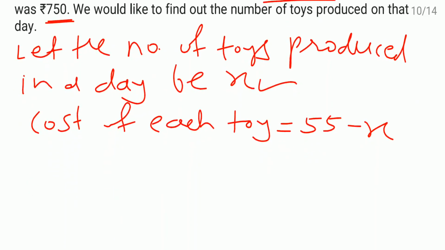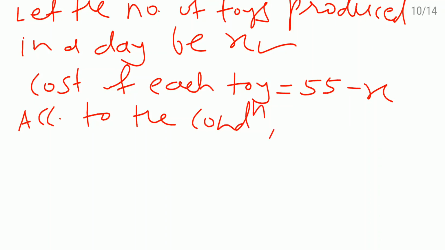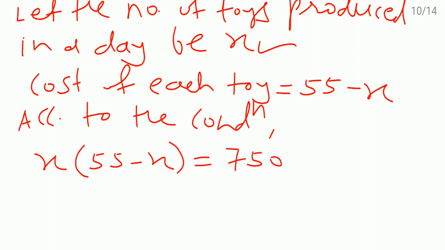So here we'll write down now according to the condition. So here according to the condition, total cost of the production on that particular day is what? Here number of toys produced are X and cost of each toy is what? 55 minus X, which is equal to 750, correct? Now I will multiply this one, 55x minus x square.